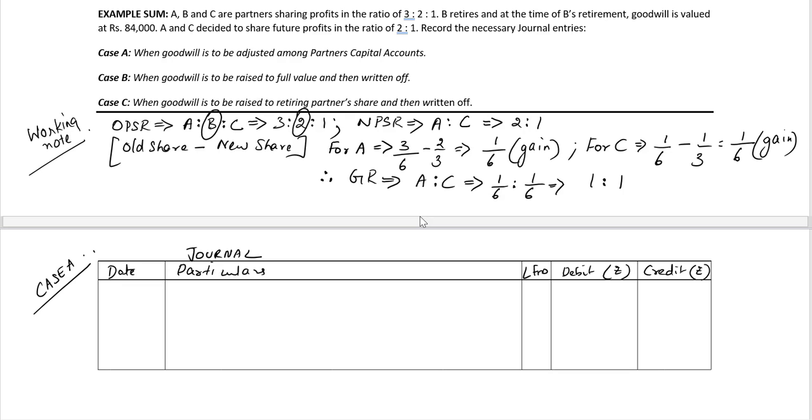We need to debit the gaining partner and credit the retiring partner. So it's A capital account debit, C capital account debit, to partner B capital account.